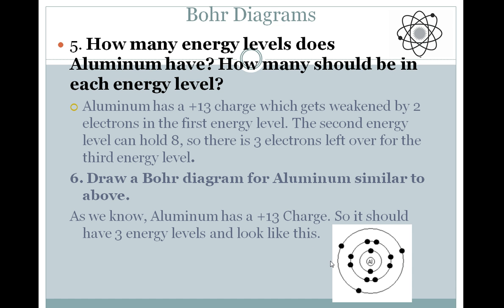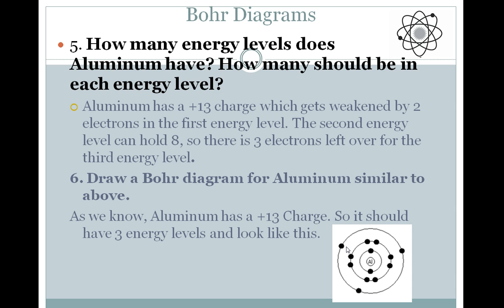This is the Bohr diagram for aluminum, which also goes into question 6, which says to draw a Bohr diagram for aluminum similar to above. As we know, aluminum has a +13 charge, so it should have 3 energy levels and look similar to this. As I said before, the first energy level can only hold 2 electrons. The second energy level can hold up to 8 electrons, and same with the third.